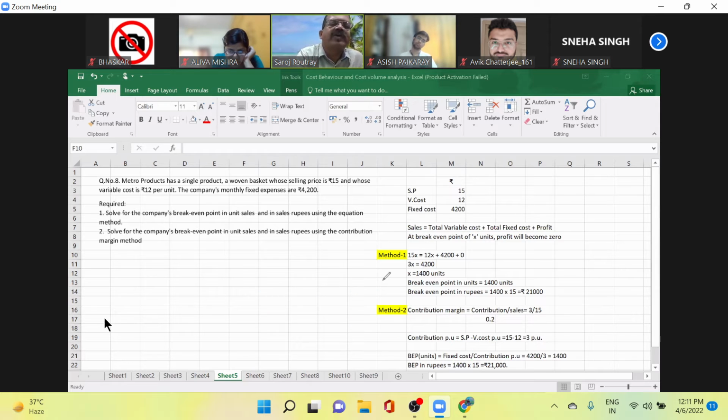So we are first asked to find out the BEP using equation method. So let's use that equation method. What is that? Equation: sales equal to variable cost plus fixed cost plus profit. Right?